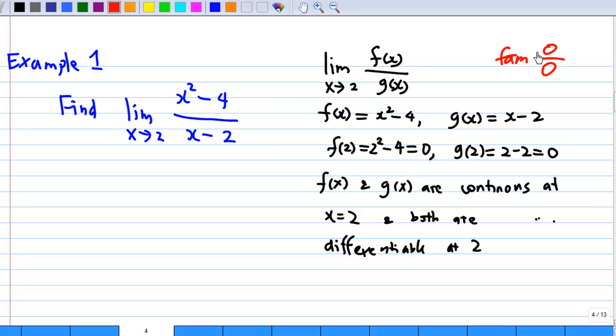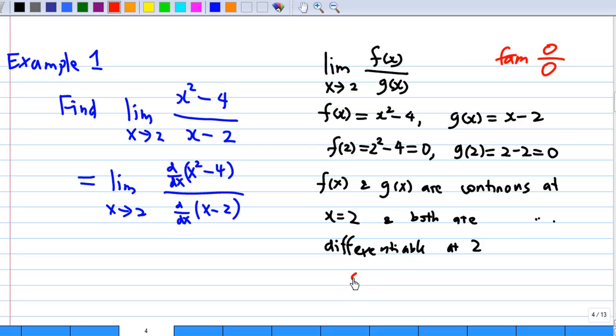And we also know that f(x) and g(x) are both polynomials, so they are continuous at the point x equal to 2 and also both are differentiable at the point 2. Therefore, by using L'Hopital's rule, this is equal to the limit as x goes to 2 of the derivative of x squared minus 4 over the derivative of x minus 2.